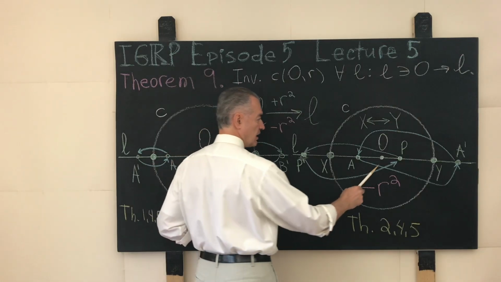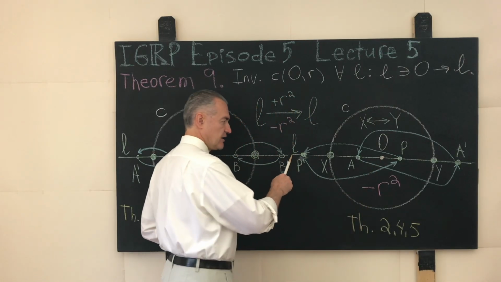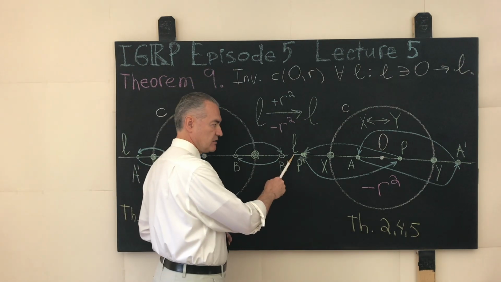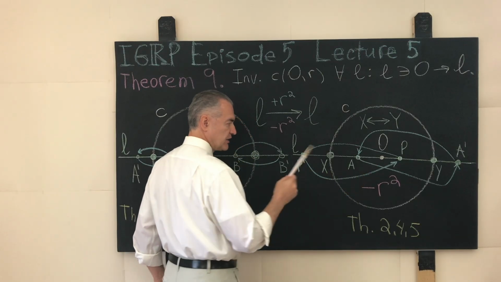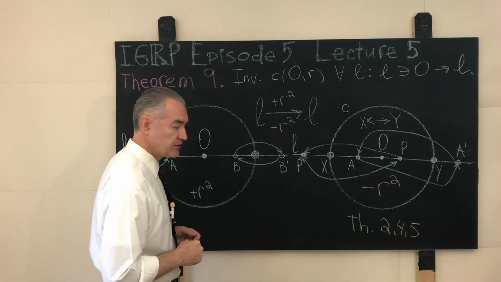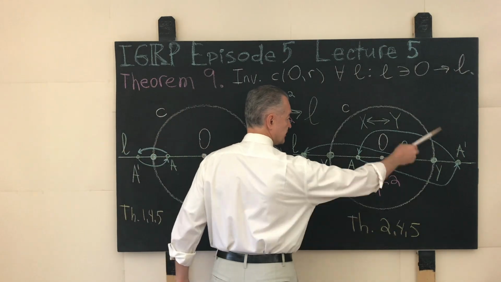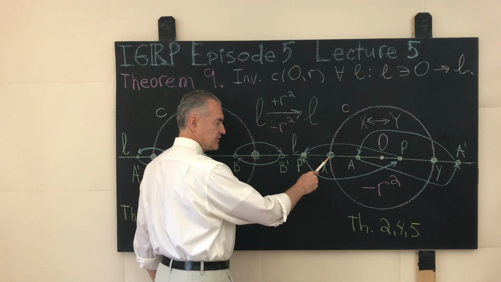There will be a point over here that will belong to the straight line L. Now, when that straight line L passes through the center of inversion, it will intersect, again, as we noted in the previous segment, the given circle of inversion C at two distinct points. This time I gave the specific names.